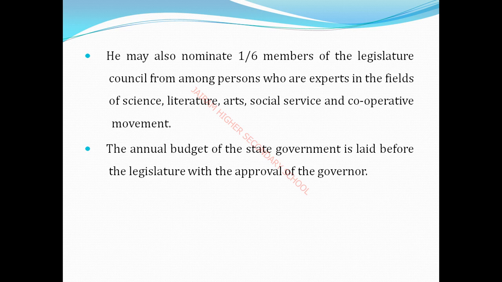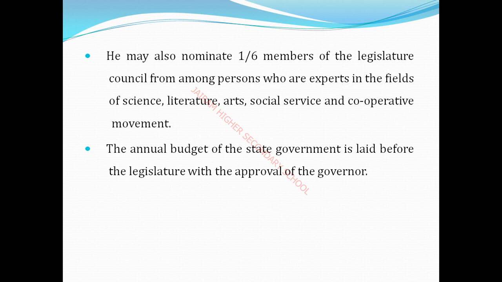The annual budget of the state government is laid before the legislature with the approval of the governor. See here, every year every state follows a budget, which is called the annual budget. The state government is responsible for presenting the annual budget.